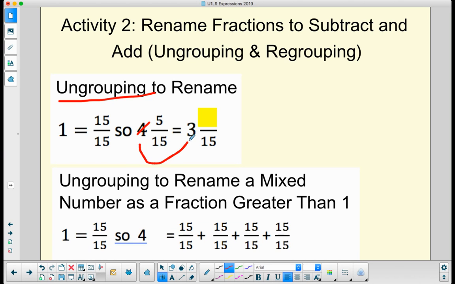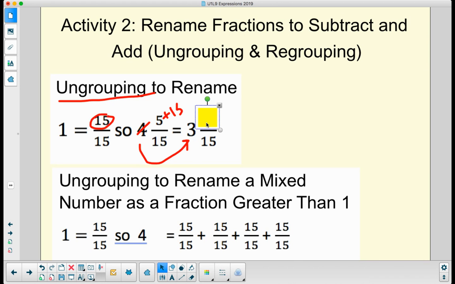So that's how come I only have 3 of them left, with 15 15ths. So I'm replacing one of those with 15 more. That's going to give me 5 plus 15 is 20 15ths.